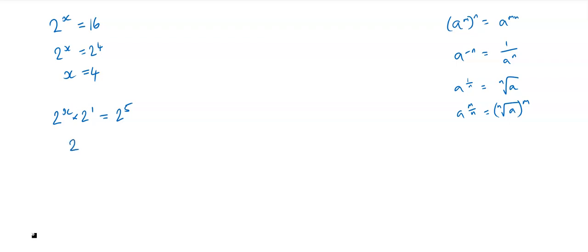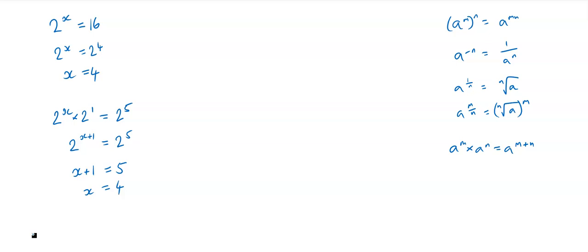We would have to rearrange it. 2 to the x plus 1, using another rule of indices, equals 2 to the power of 5, which means x plus 1 equals 5, x equals 4. I wasn't sure if we were going to use that rule, but we are, so I'll write it over here. a to the m times a to the n equals a to the m plus n.